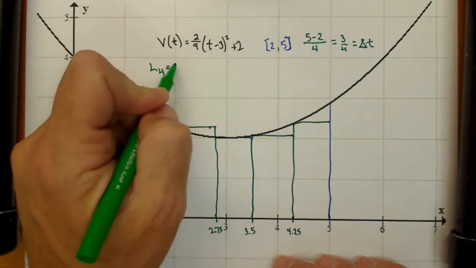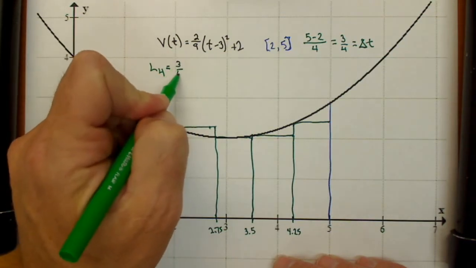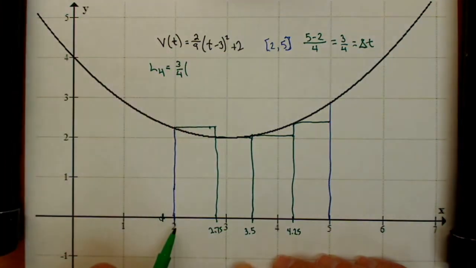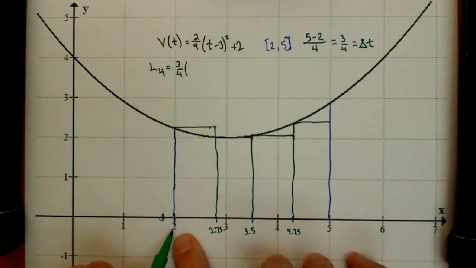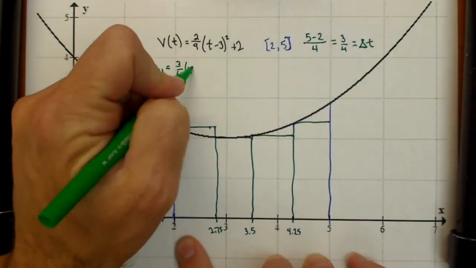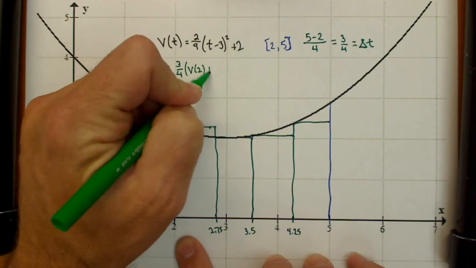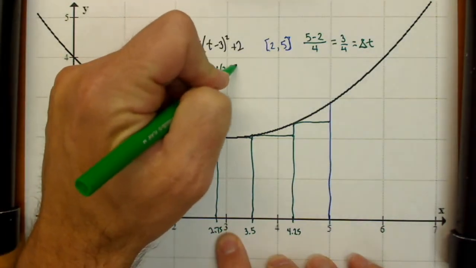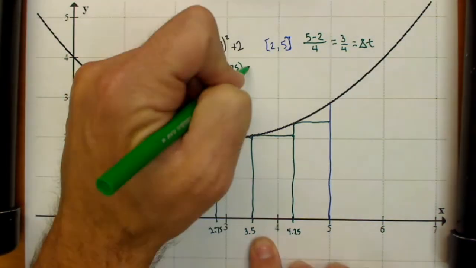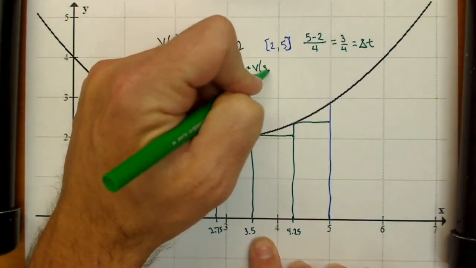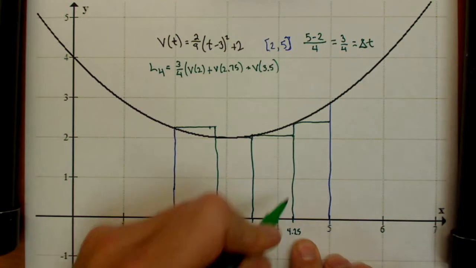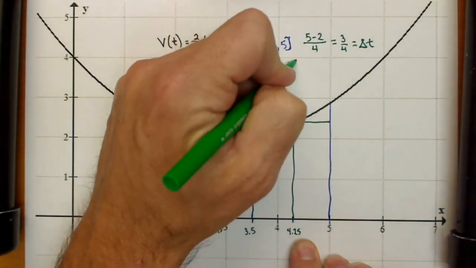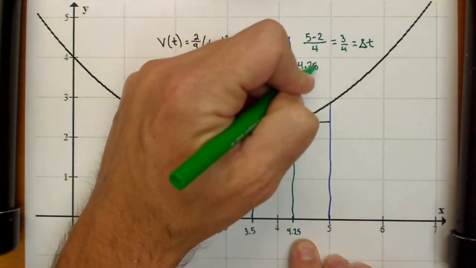So we're going to have our delta t, which is 3/4, times our function evaluated at each left endpoint. So v of 2 plus v of 2.75 plus v of 3.5 plus v of 4.25.